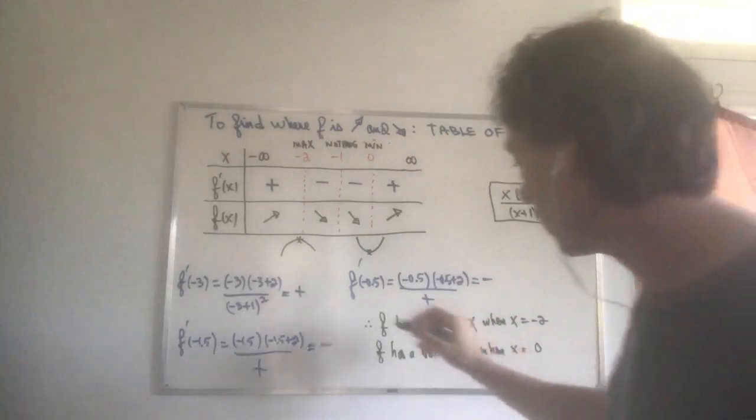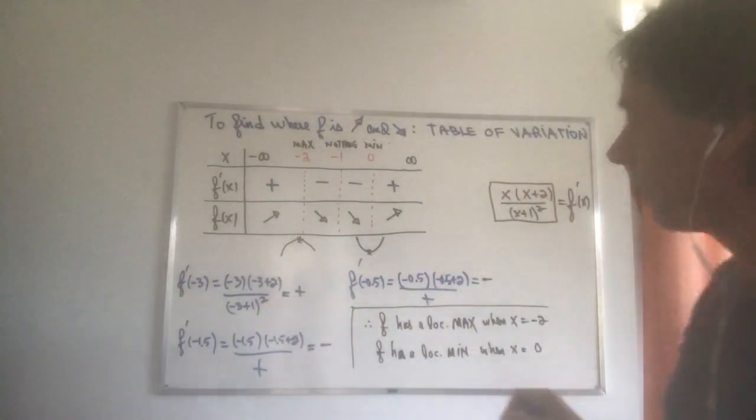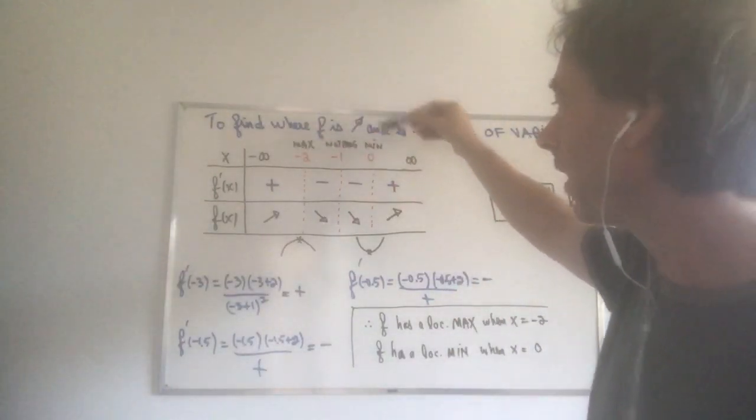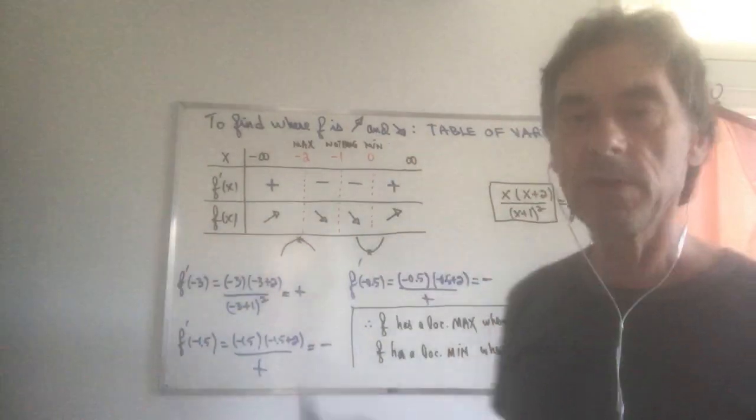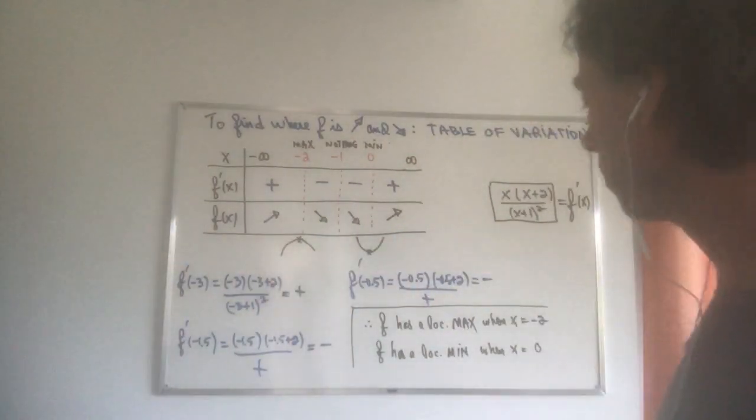And that would be the conclusion of this problem. So it's a more comprehensive problem than before in the sense that we were not given those numbers, we had to find them, and once we found them, we have to make the table to decide what goes up, what goes down, and where are the local min, where are the local max.